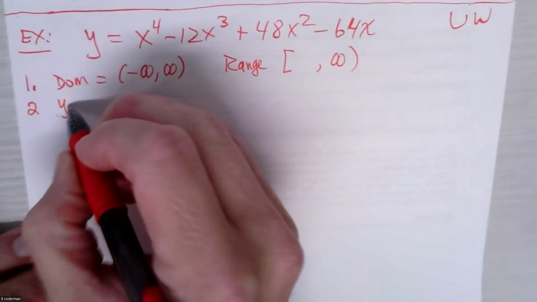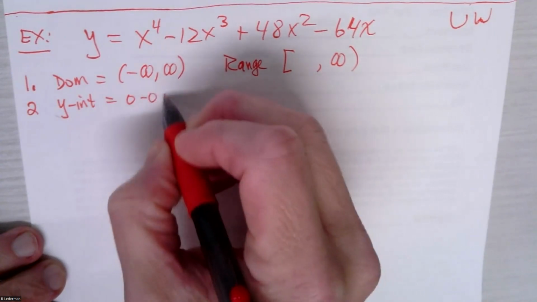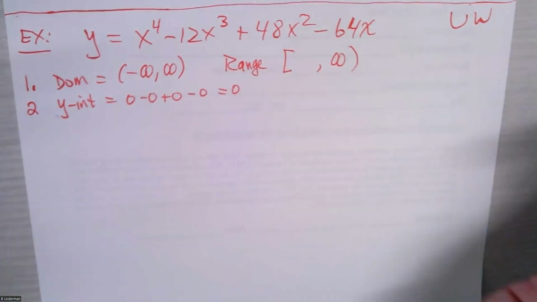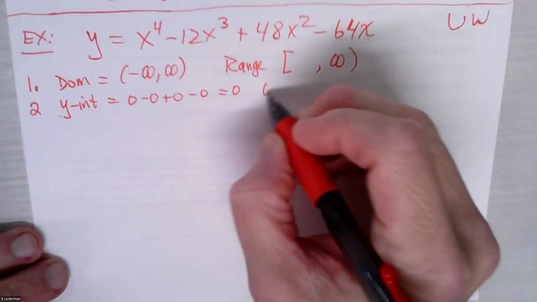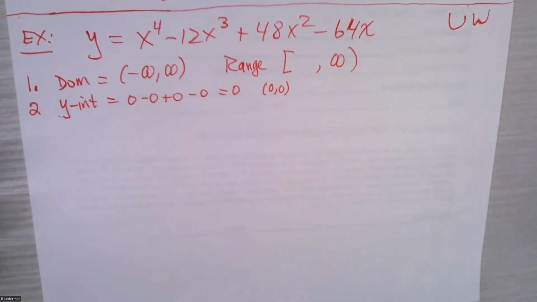The y-intercept, again, that's the easy one. The y-intercept is just going to be 0 minus 0 plus 0 minus 0, which is 0. So the y-intercept is going to be 0 comma 0. But guess what? The x-intercept is going to be the same thing.